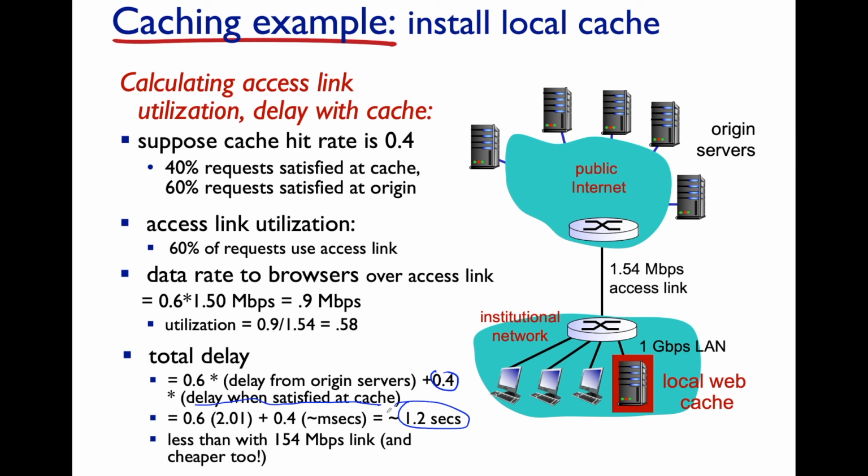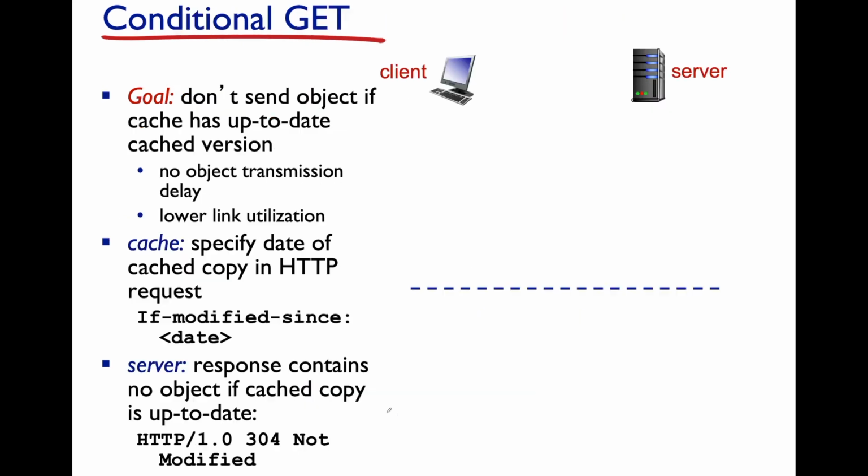The access time is less by installing a cache with these numbers for hit rate versus buying 100 times the bandwidth. So this is the power of caching. It's this idea of locality that really pays off tremendously.